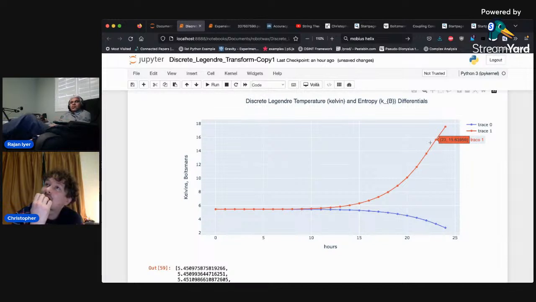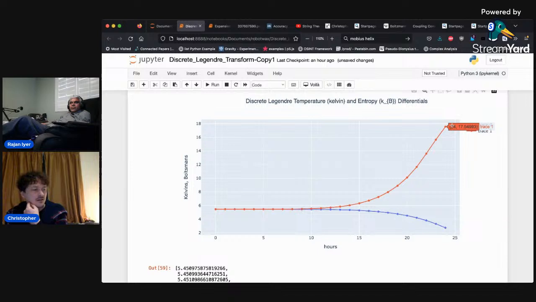As the volume increases, the temperature decreases. So the temperature is going down, the entropy is going up. Correct? I thought temperature is a measure of entropy. It's the gradient, whatever.